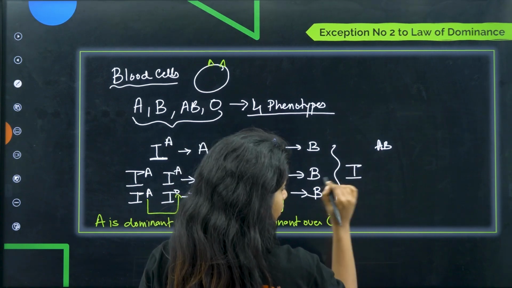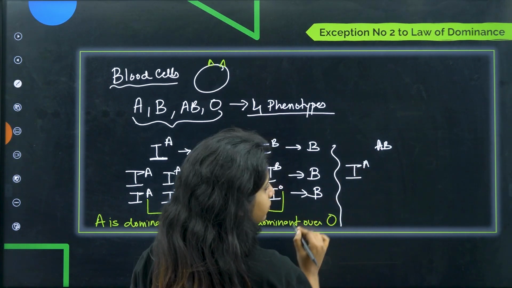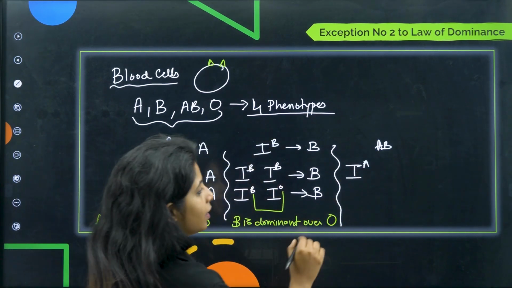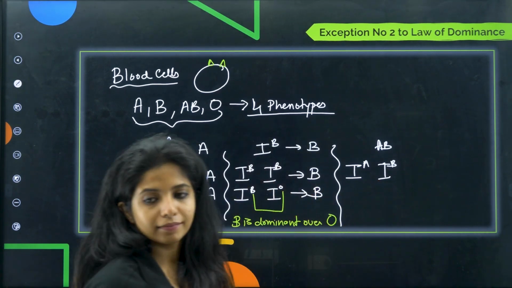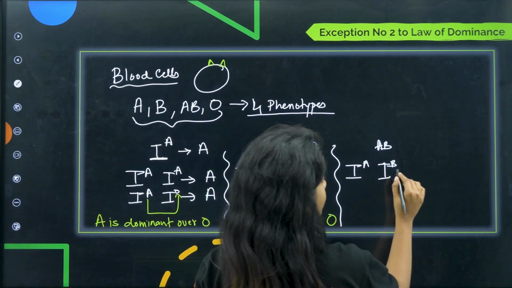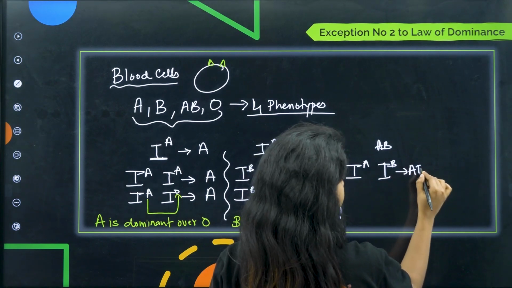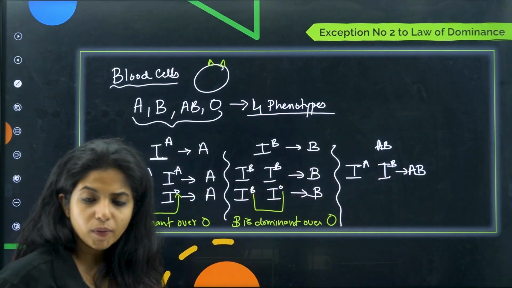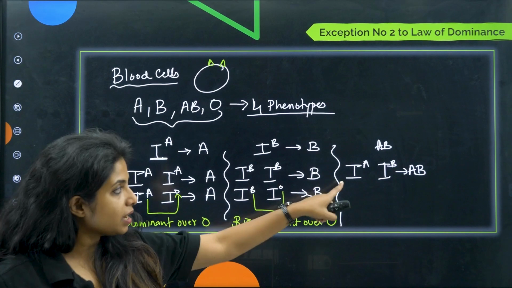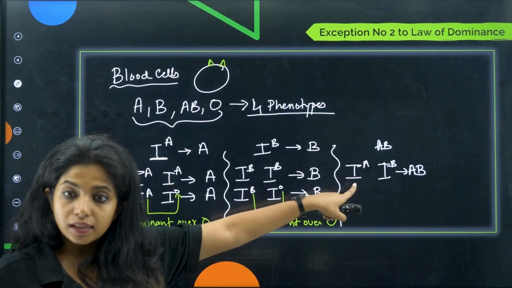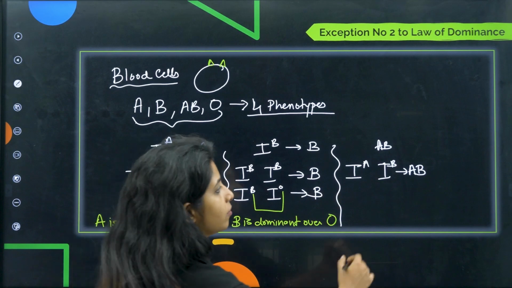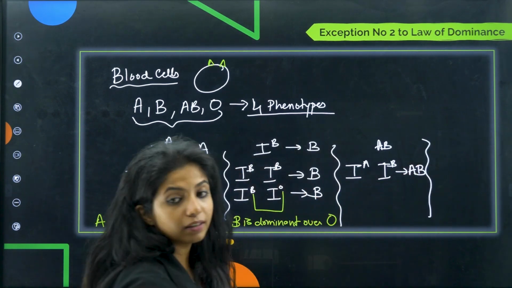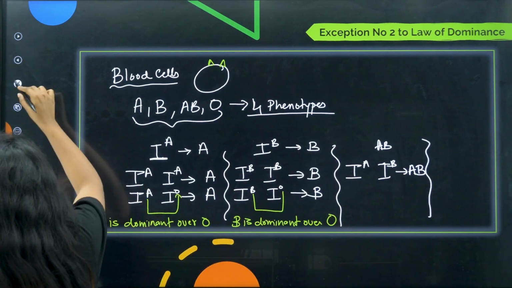From father, if you get A, and from mother, you get B, at this point of time, you get AB blood group. Ma'am, how can that be possible? Someone has to be dominant over the other, right? Either A or B has to be dominant over the other. But that is a trick, children. What happened over here? They are not dominant over each other.